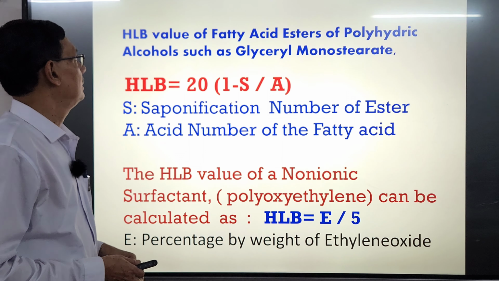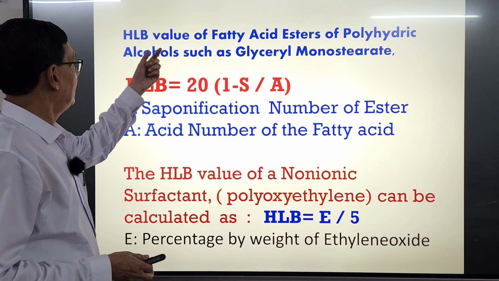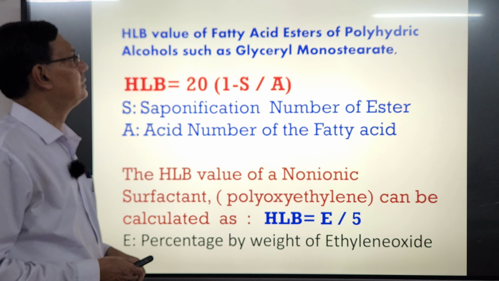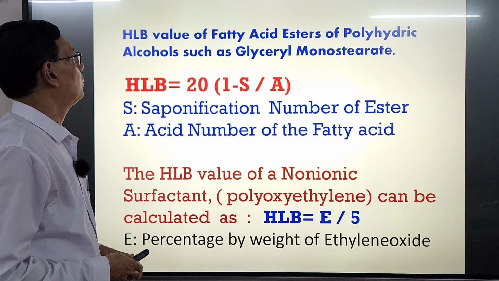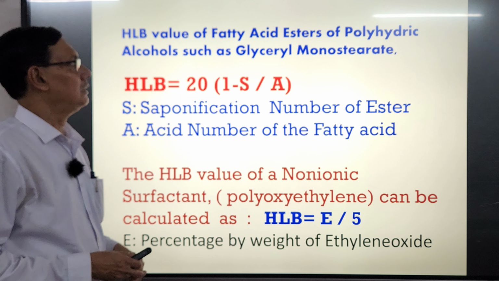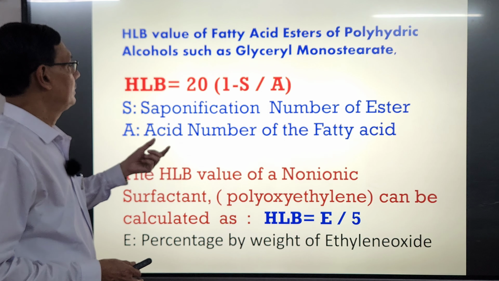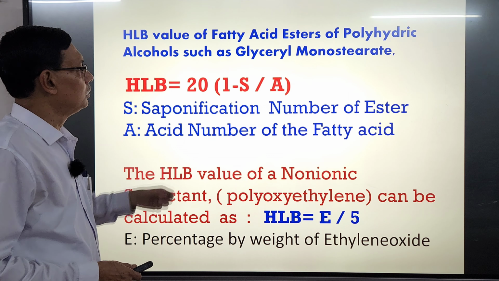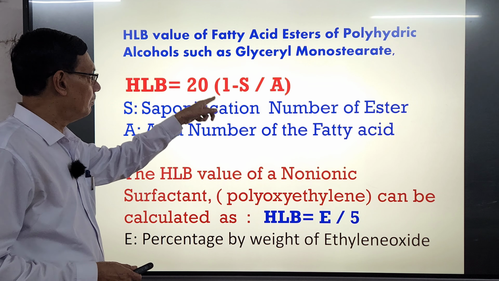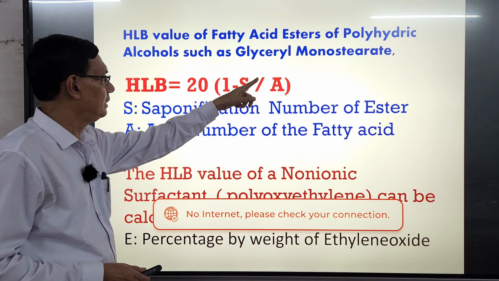First, I am using the HLB value of fatty acid esters of polyhydric alcohols such as glycerol monostearate, which can be very easily calculated. HLB equals 20 times (1 minus S divided by A).